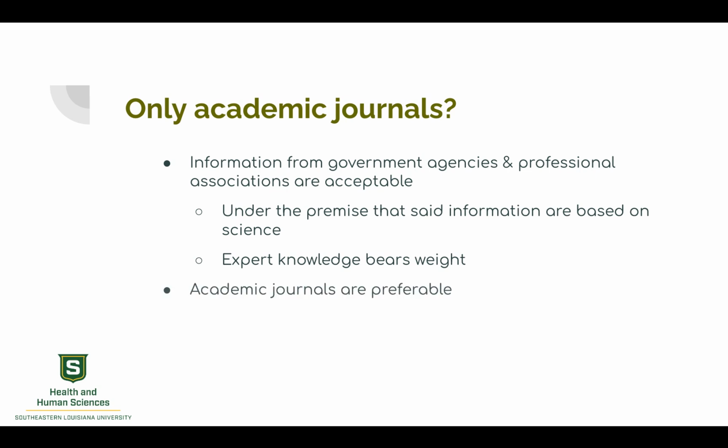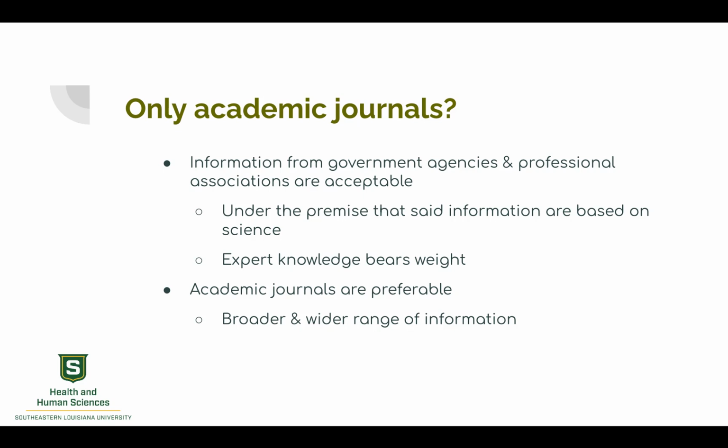However, academic journals are preferable, at least for me. The reason I say it's preferable is because, for the most part, they provide a much broader and wider range of information.